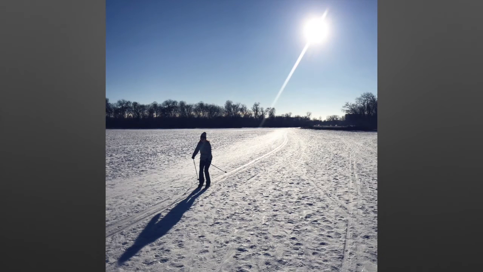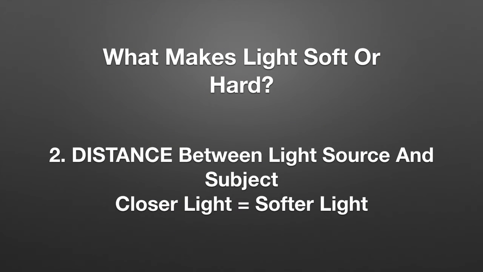If you think about a sunny day, yes, the sun itself is quite big, but relative to you at that moment, it is just a tiny little thing in the sky. And because the light source is so small relative to you, or relative to your subject, it casts a very hard shadow.